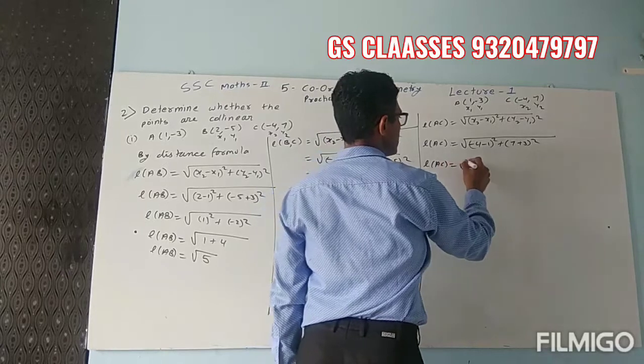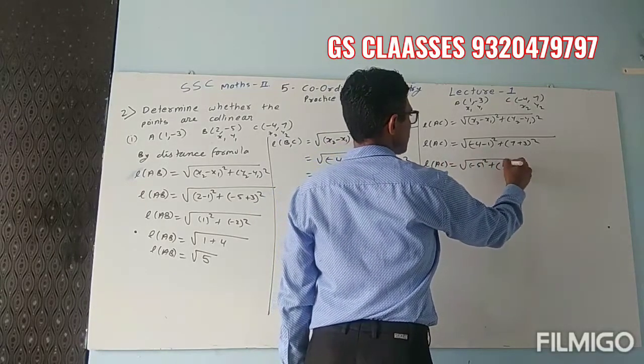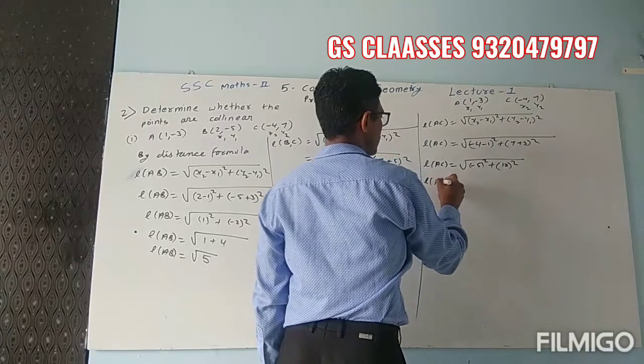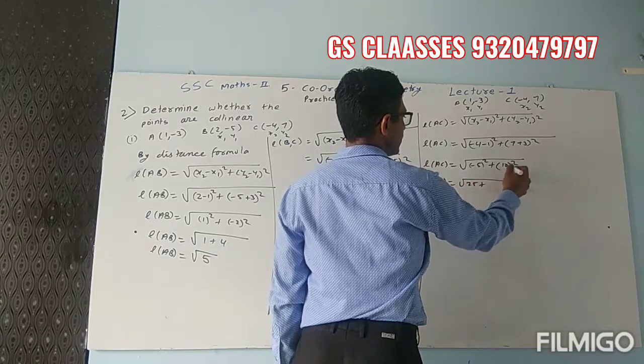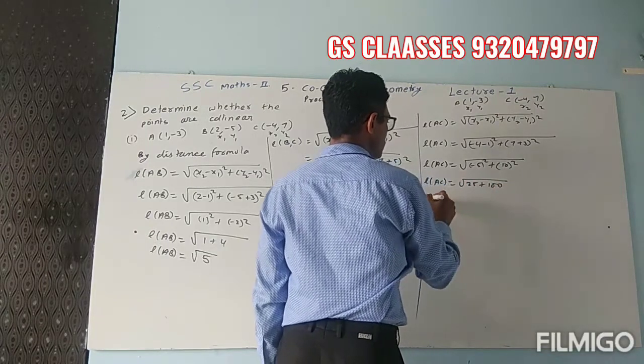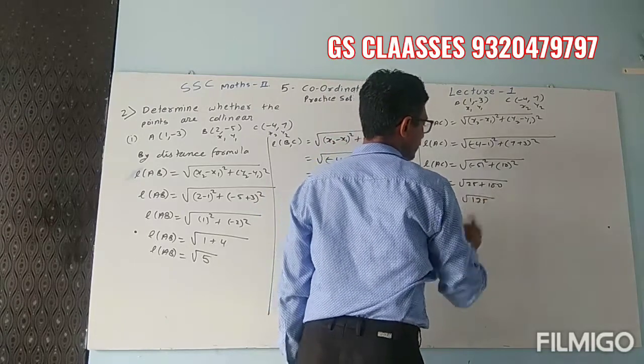Length AC is going to be minus 4 minus 1, minus 5 the square, 7 plus 3, 10 the square. 5 the square is 25, 10 the square is 100. So length AC is now under root 125.